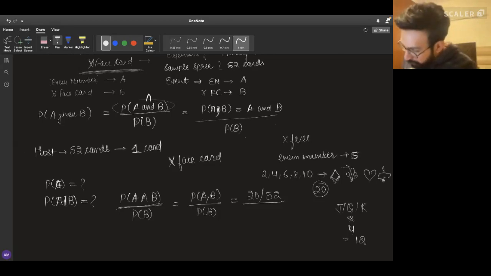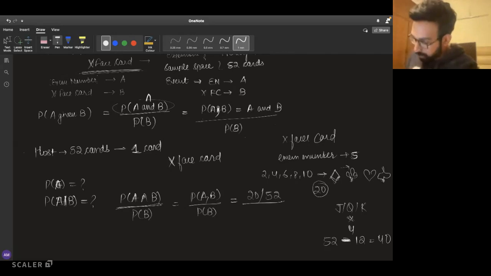We have to discount 12 cards. Remember, it was not a face card. So the favorable outcomes would be 40 here. And again, the total sample space is 52. So basically the answer is 20 by 40, or 0.5.